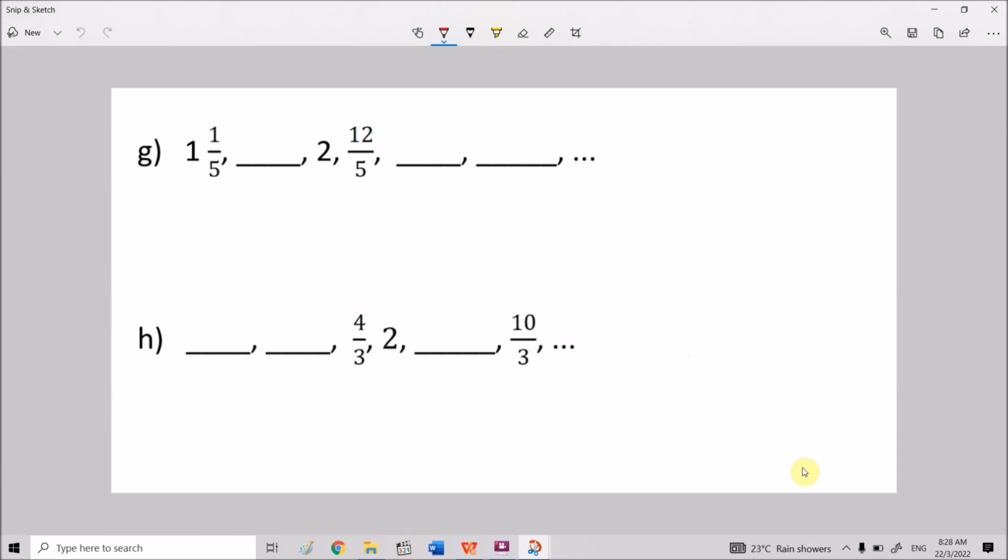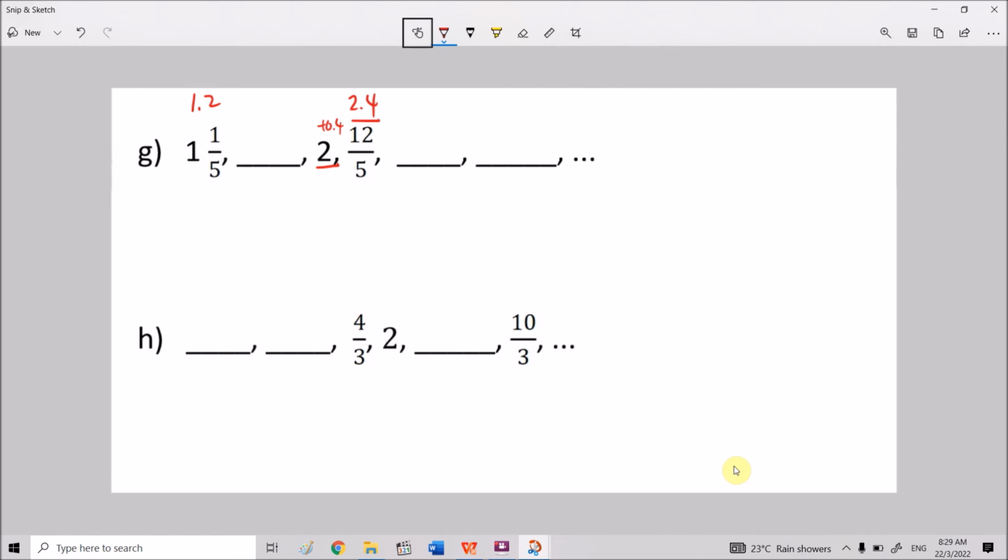Yep, we continue. Now we have fractions here. Again, if you have problems with fractions, you can always change them to decimals. For example, key this one into your calculator and convert it to decimals, which gives 1.2. The next is 2.4. So from 2 to 2.4, the easiest way is to add 0.4.